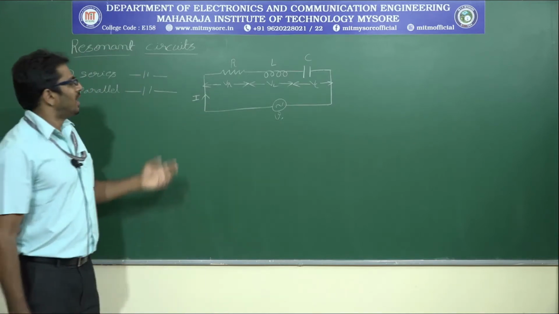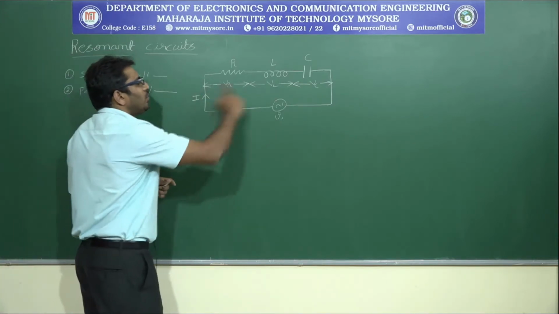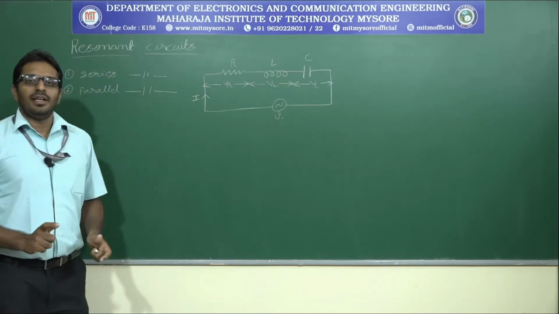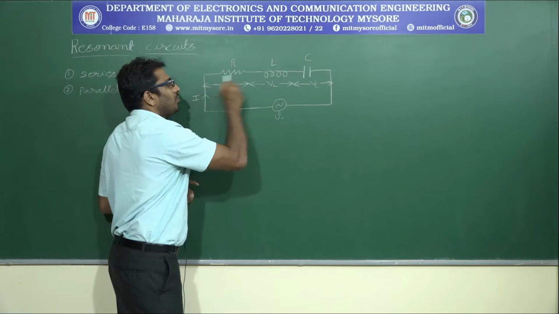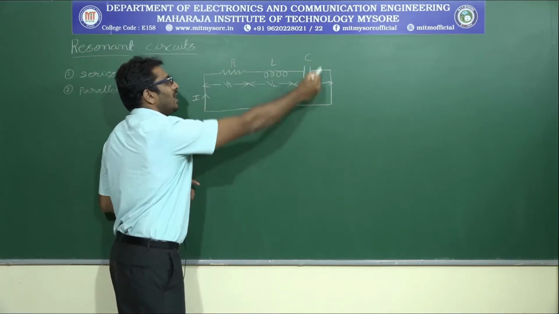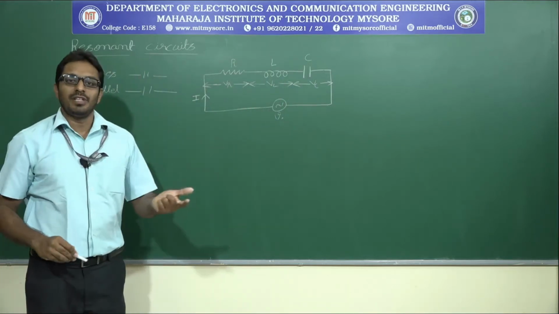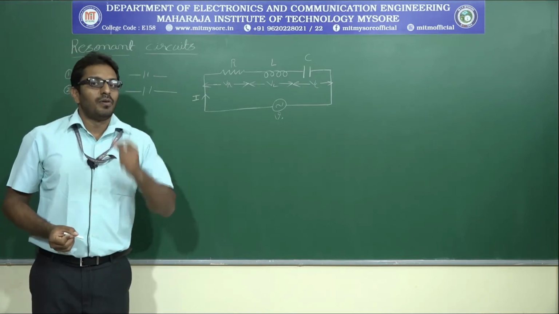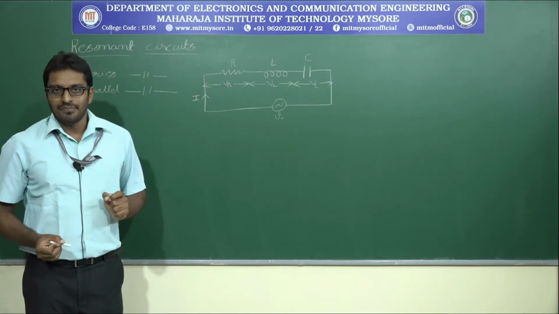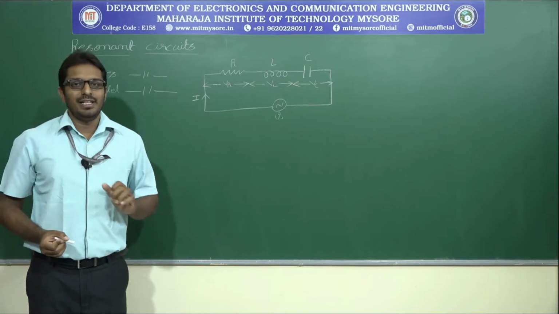Is that clear? Next, the current through this series RLC circuit depends on the impedance of this circuit, because you know by Ohm's law I is equal to V divided by R. That is for DC circuit.